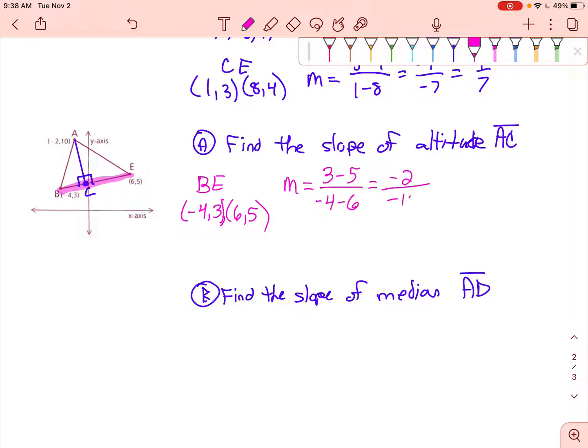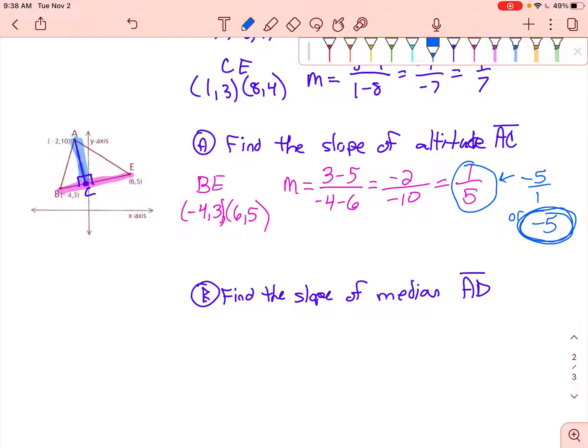I'm getting -2 over -10, which reduces to a positive 1/5. Okay, that's not my answer. I shouldn't circle that. It says find the slope of the altitude. So I need a slope that is going to be perpendicular to the pink slope. Something that's perpendicular to this would be -5 over 1, or -5.